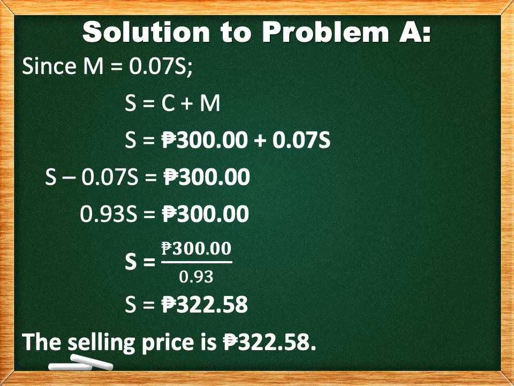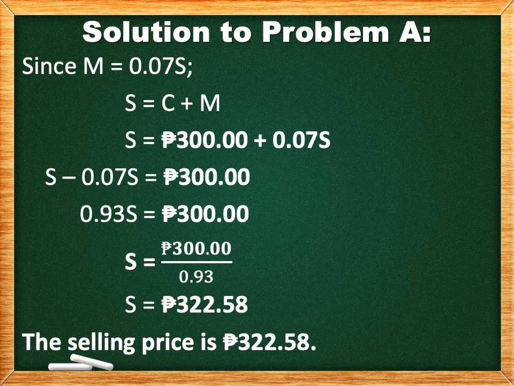So S equals cost plus the markup. The cost is 300 plus the markup is 7% or 0.07S. So we transpose 0.07S to the left side of the equation, thus deducting it from S, giving us S minus 0.07S equals 300.